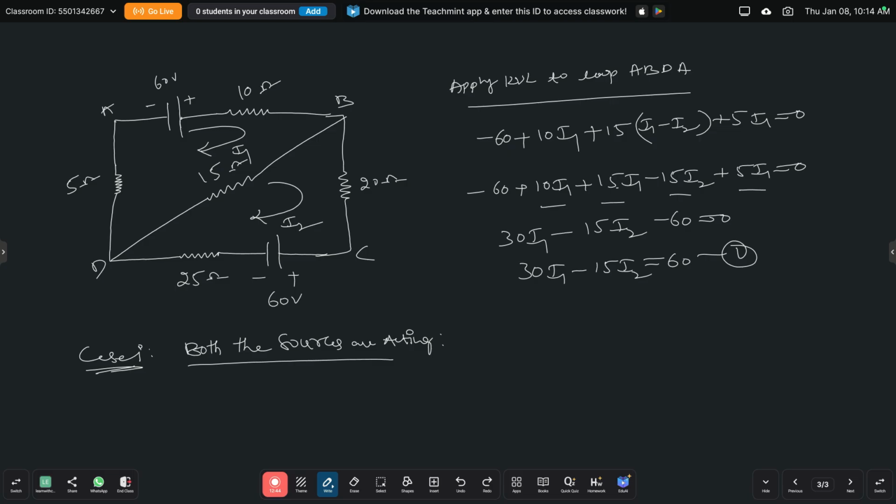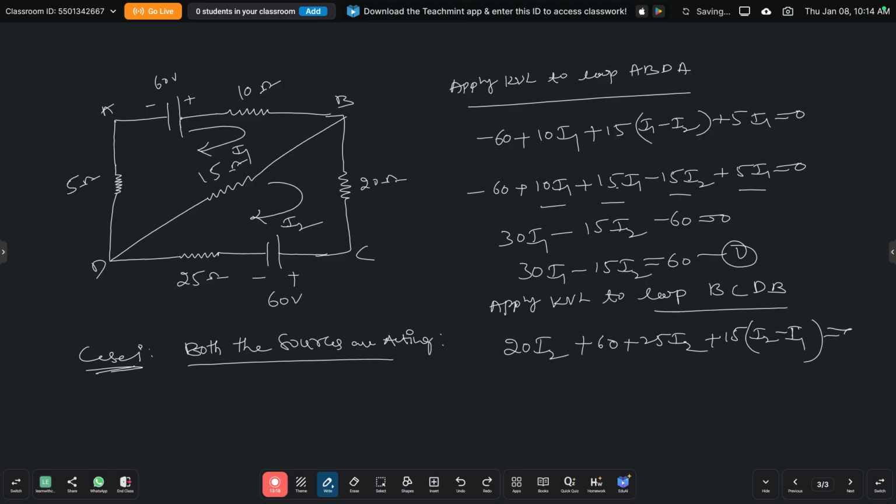In the same way, just apply mesh analysis KVL to loop 2. What is loop 2? Loop 2 is B, C, D, B. So for that again you just apply, that is 20 I2 next plus 60 plus 25 I2 next plus 15 of I2 minus I1 equals 0.